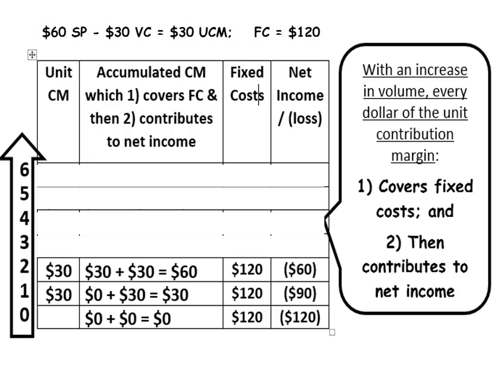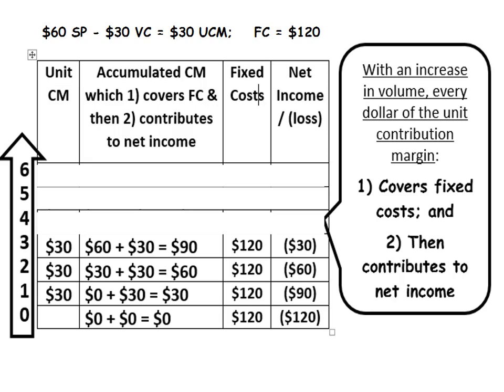I then will have $60 applied against my $120 worth of fixed cost, and I'm going to end up with a net loss now of $60. Then I go on to my third item in volume, and I've accumulated $60 of contribution margin so far on my first 2 units.